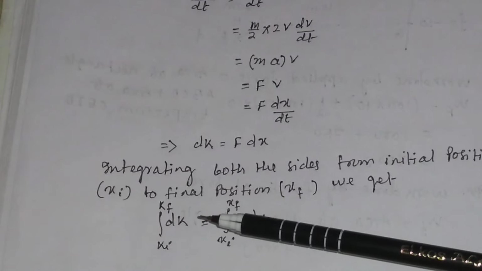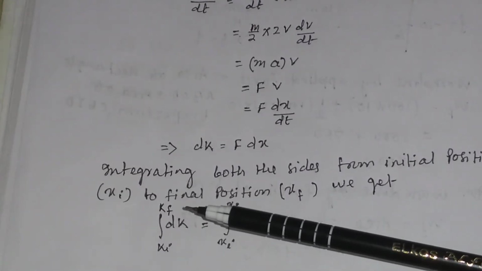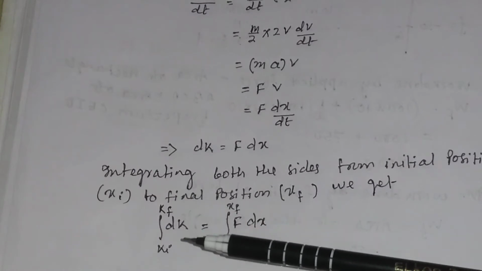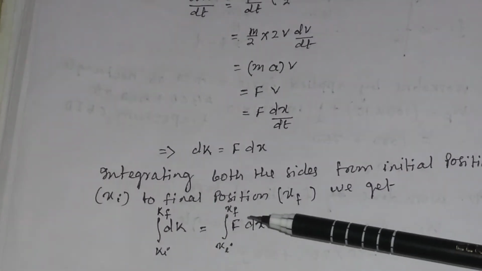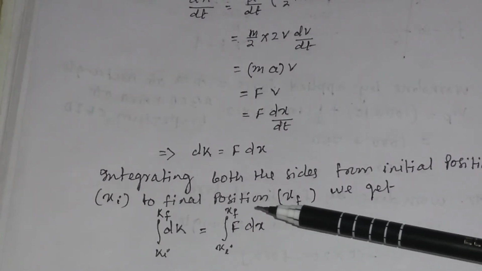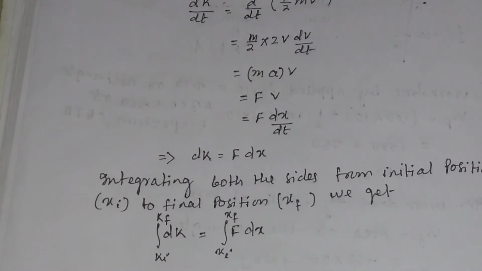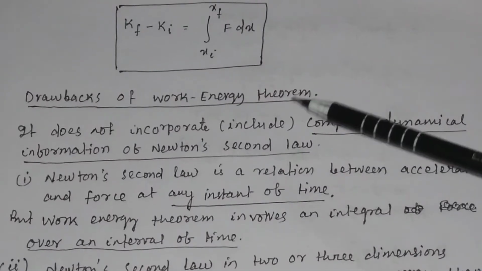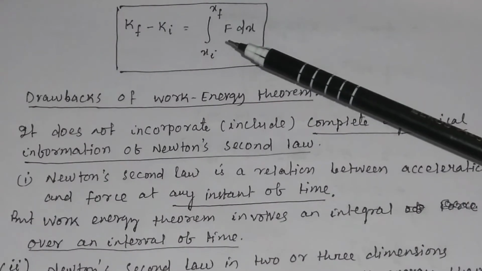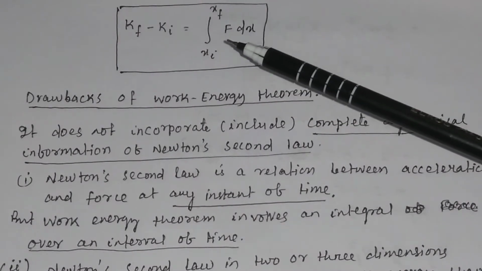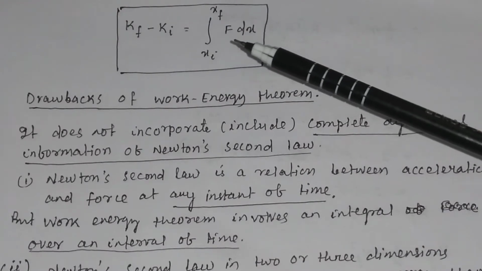The integration of dk is equal to k, and substituting the upper limit minus the lower limit, this side will be kf minus ki, and this side will be the integration of f dx from xi to xf. So kf minus ki is equal to the integration of f dx from xi to xf. This is what we call the work energy theorem for a variable force.